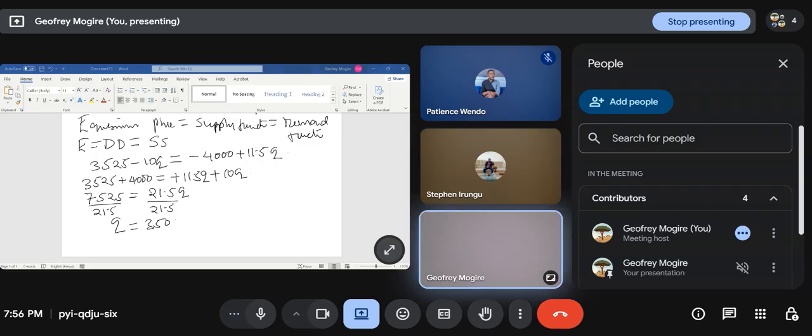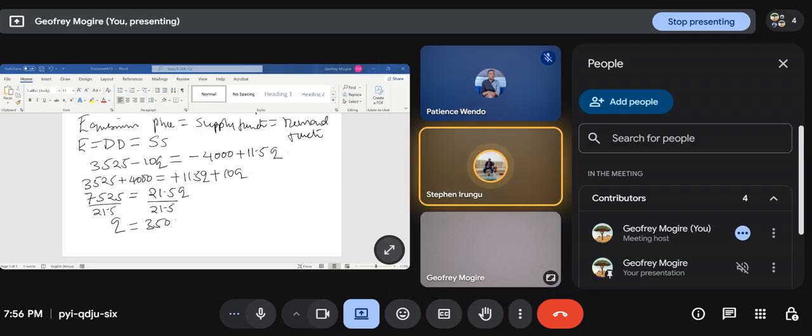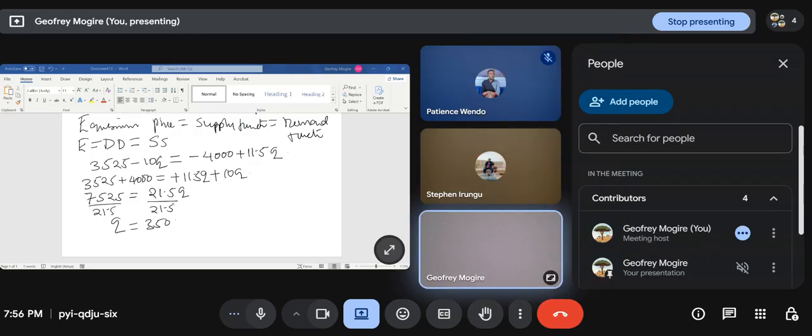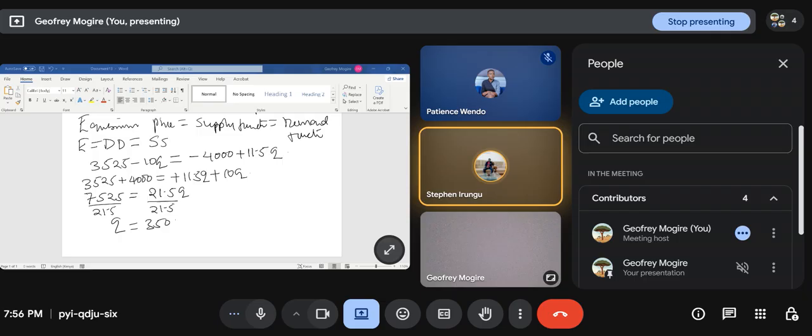Irungu, you had a question? I think it's the same question as she has asked. When we got P is equal to negative 4,000 plus 11.5Q, where did you get that second equation so that you equate?